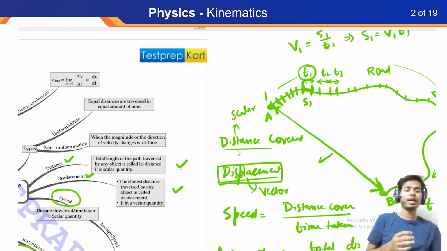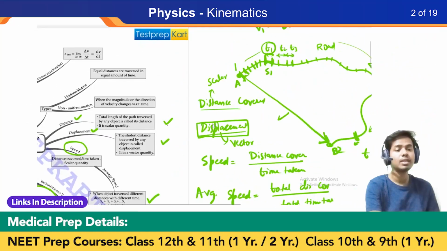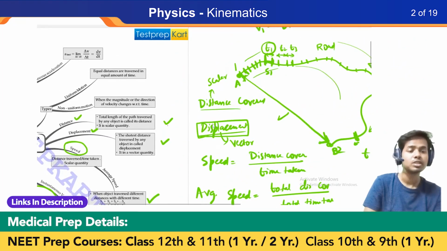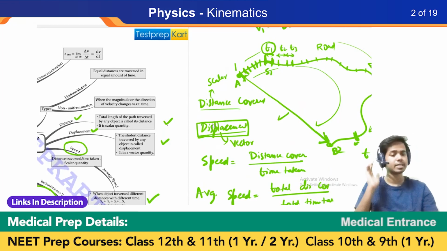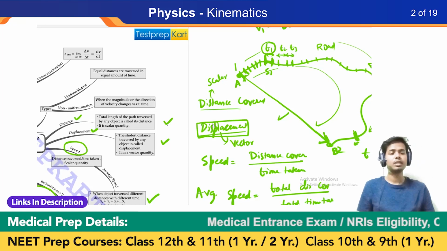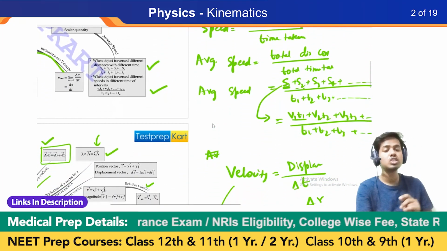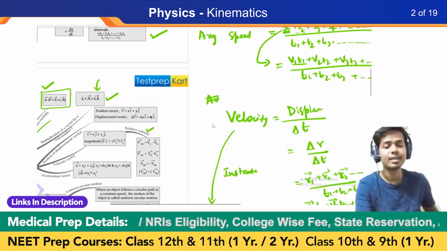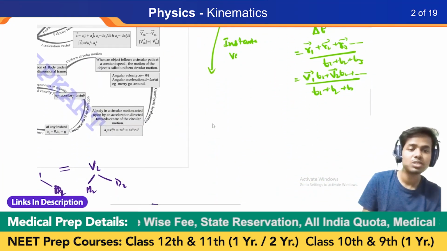Because the average velocity that we talked about initially was nothing but the average of all the velocities over the whole journey. But I'm not talking about the whole journey in this case. I'm talking about only a very small segment of the journey, and the velocity with which the body is moving at that particular moment. That is defined as instantaneous velocity.